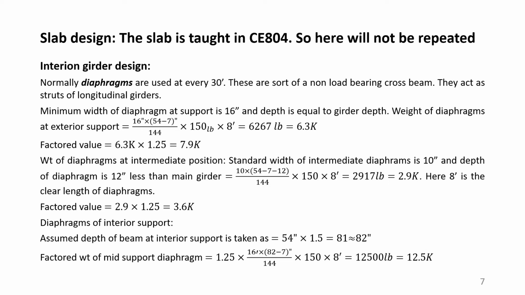Diaphragms for interior support. Here for the beam we have a normal beam depth of 54 inch, but at the interior support where a cantilever will be coming out, and on that cantilever the middle span will be supported, the intermediate beam depth must be much bigger than the left support or right support beam depth.